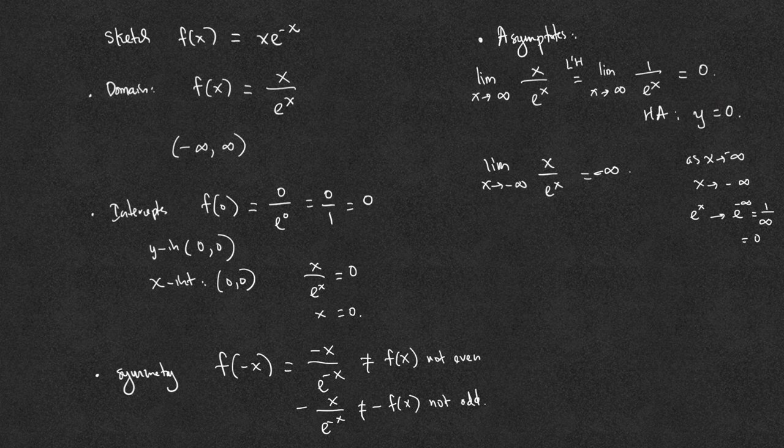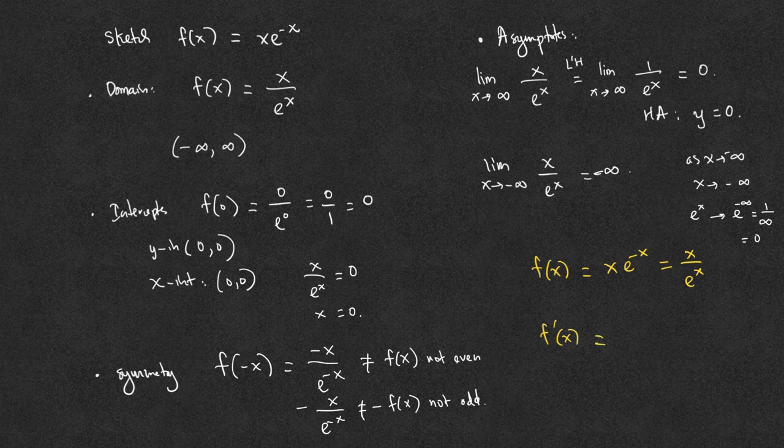To find the interval where the function is increasing or decreasing, we would need to have the information about f prime of x, so we would differentiate the function f of x using either the product rule or the quotient rule.